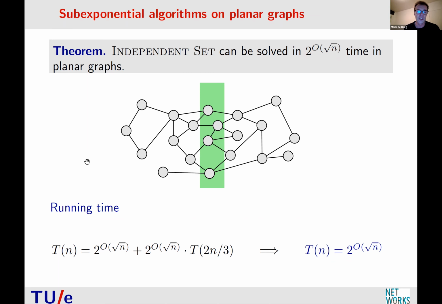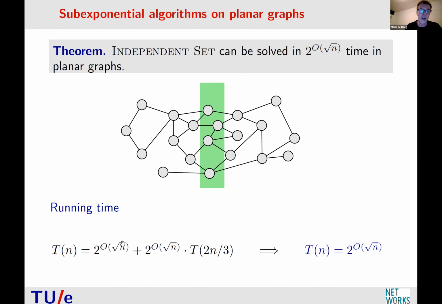So the number of choices is 2 to the square root of n. For each of these choices, I actually solve 2 subproblems, one on the left and one on the right. But this extra factor 2 is simply hidden in this 2 to the order square root of n.